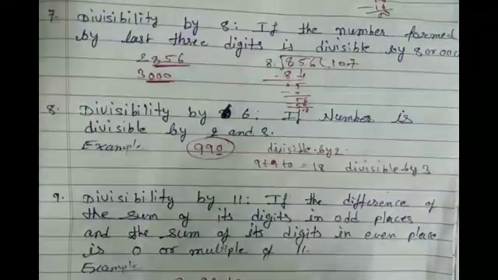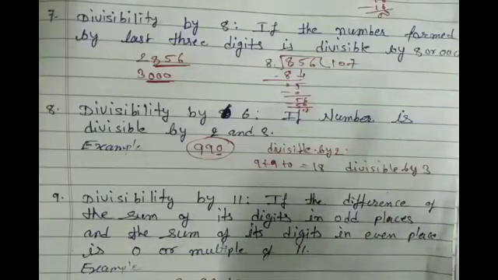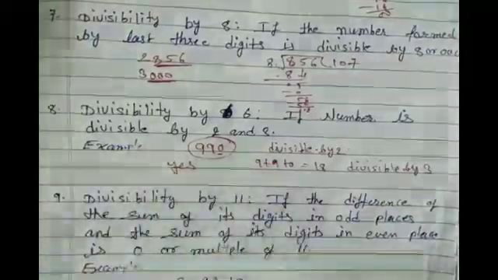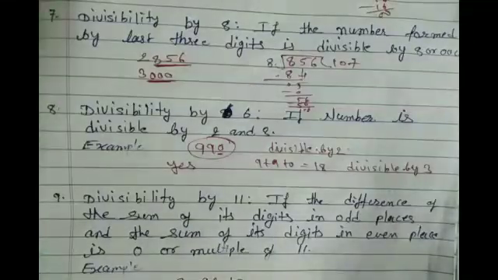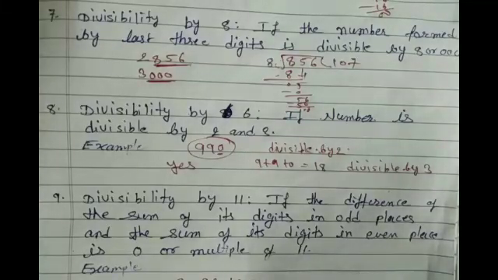So we can say yes, it is divisible by 6. To check the divisibility by 6, we have to check the divisibility of that number by 2 and 3.